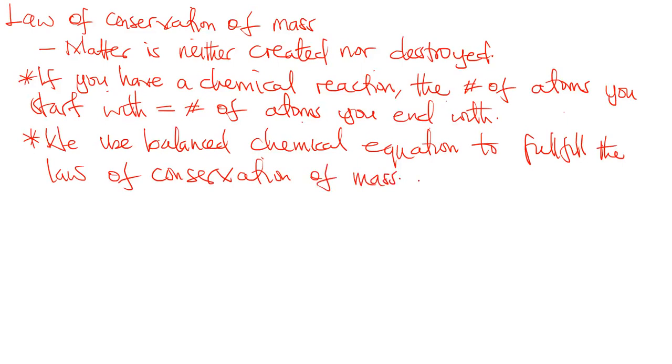Why is that the case? Because the balanced equation ensures that the number of atoms you start with is equal to the number of atoms you end with. So that's the whole purpose of balancing a chemical equation.